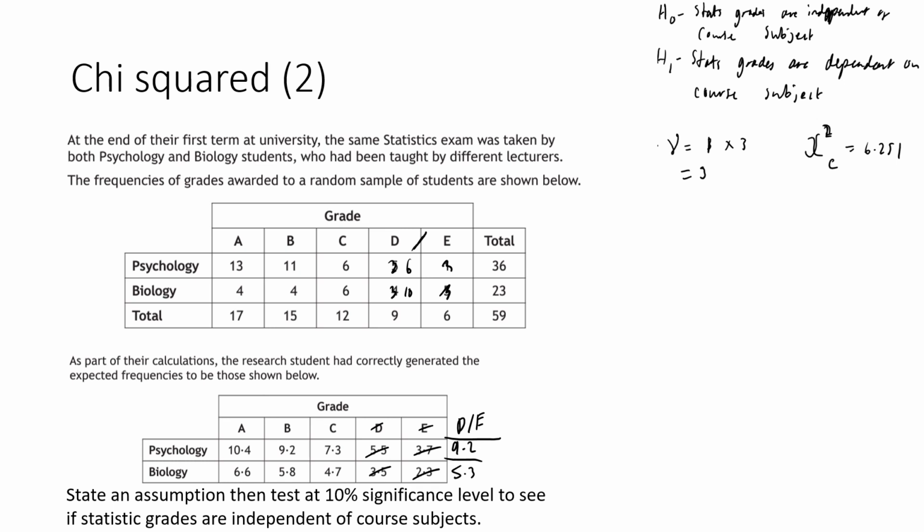You see, if we look at the difference between 13 and 10.4, it's 1.6. But if we look at the difference between 6 and 9.2, that's 3.2. And the difference between 6 here and 7.3 is 1.3. So we have to individually do the formula, which is observed minus expected, all squared over expected, and we do that for every single box.